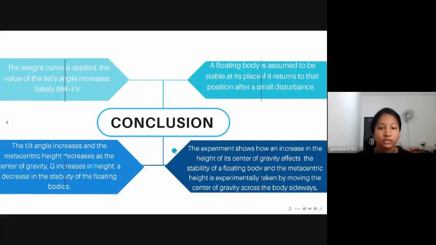This results in a decrease in the stability of the floating bodies. When the weight curve is applied, the value of the angle increases as time passes. This makes the floating bodies become unstable. The value thus defined satisfactorily agrees with the value given by BM equals I over V analytically. That's all from us. Thank you.